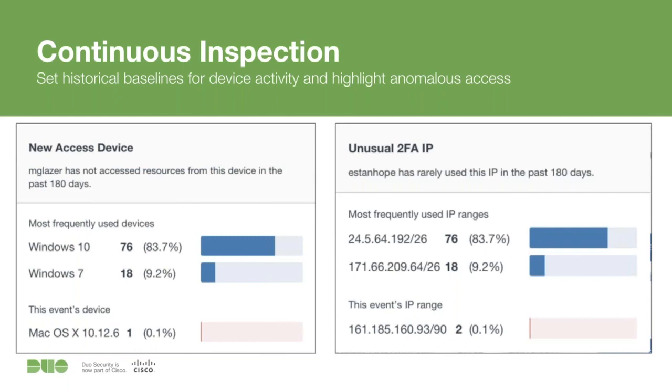Now they're logging in from a different device that's running a Mac, that's maybe not a type of device you support in your corporate environment or that you expect. We can surface that to you and say, this looks a little bit odd, it's an anomaly of access, let's say.